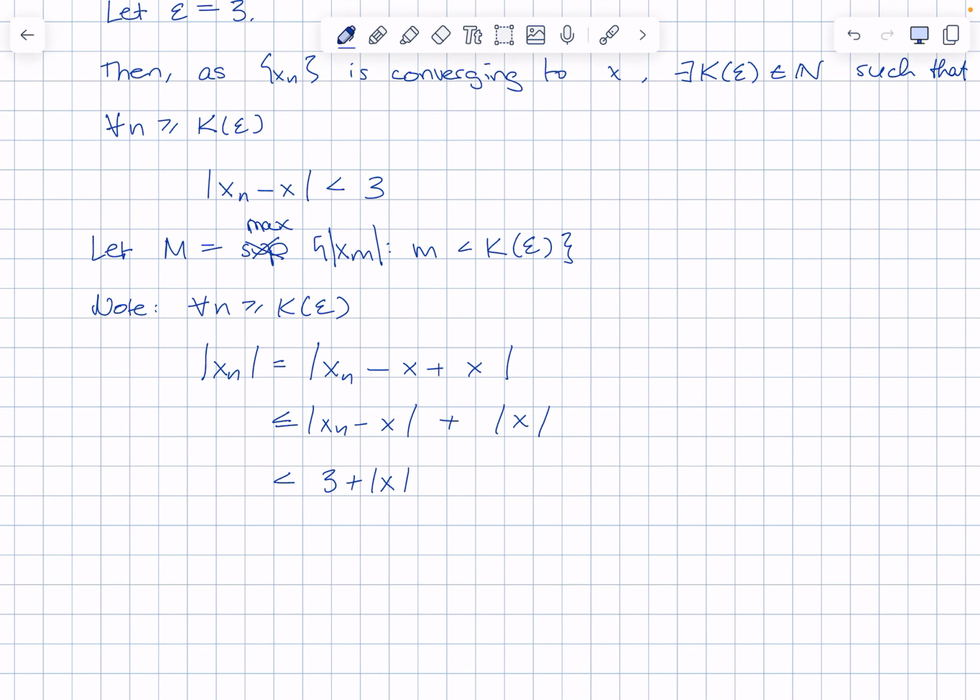So now let's think about it. For all n, if n is less than k epsilon, we know that |xn| is less than m.